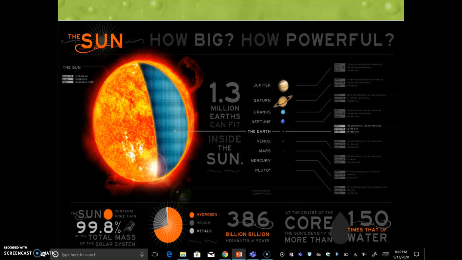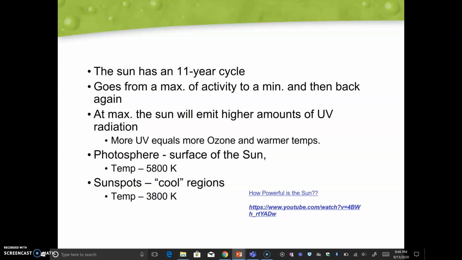And just so you know, the sun in our solar system contains 99.8% of all the total mass in our solar system. So all the planets combined only account for 0.2% of our solar system. So it just gives you a really big perspective of how effective it is here.